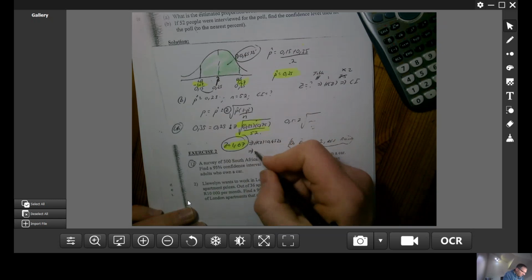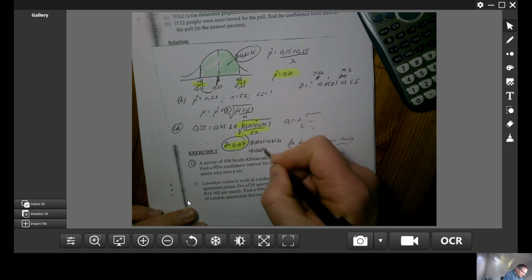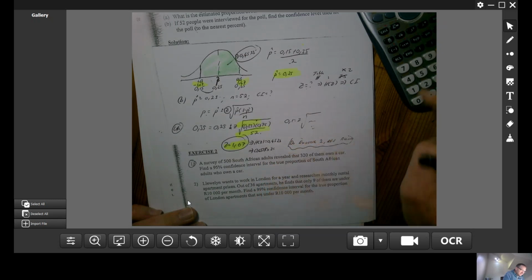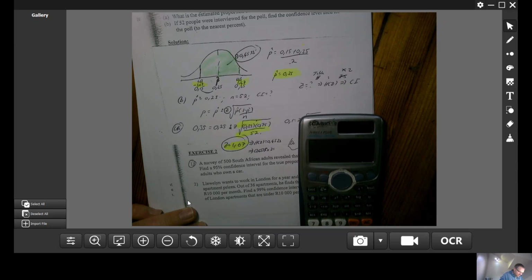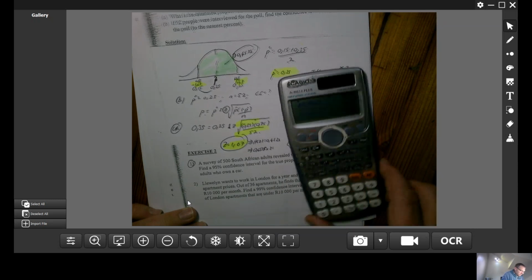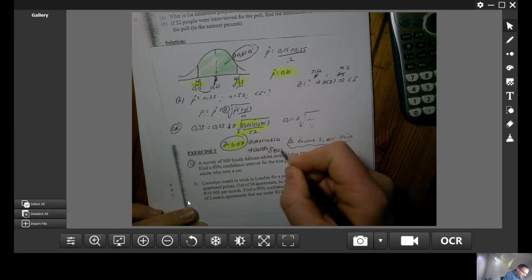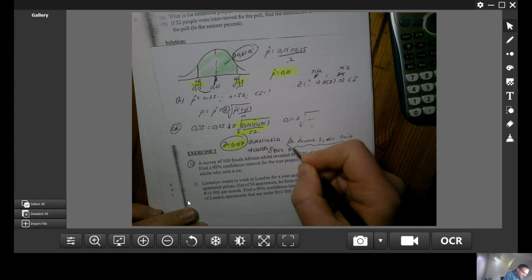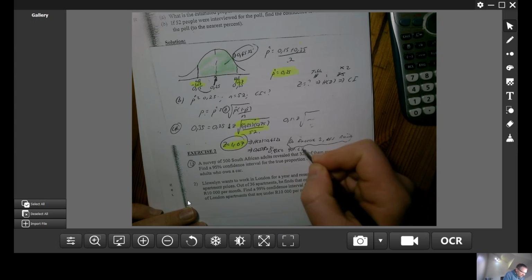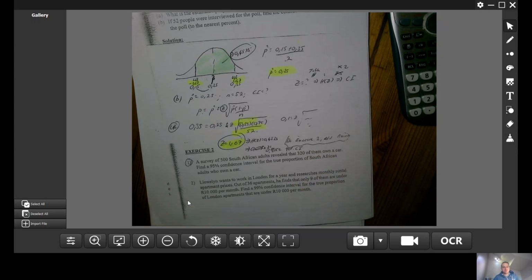So 0.4525 times 2 equals 0.905, so it's a 90.5% confidence interval, which is approximately a 90% or 91% confidence interval, doesn't matter which one you put. So a 90.5% confidence interval was used for this survey.